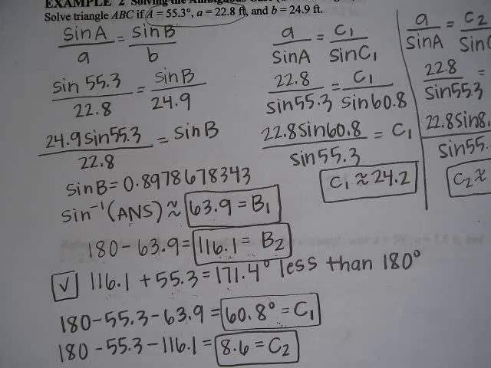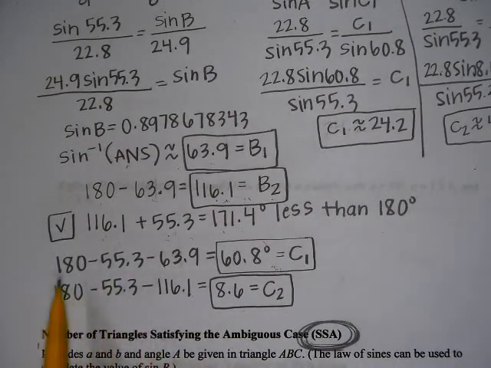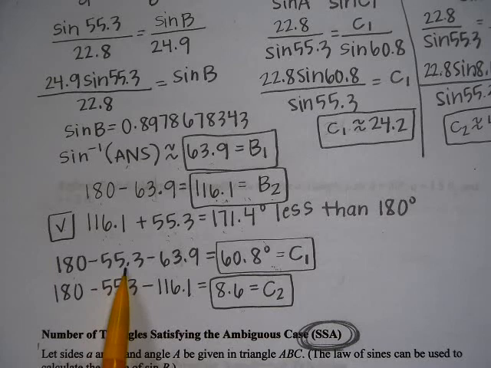And so now we need to find big C for triangle 1 and for triangle 2. All right, and so that's what you see down here at the bottom. You're going to say 180 minus the 55.3 that was in the original, minus your 63.9, which was your B1, and that gives us 60.8, which is going to be your C1.